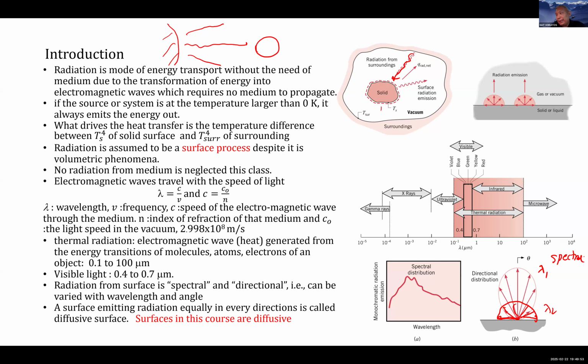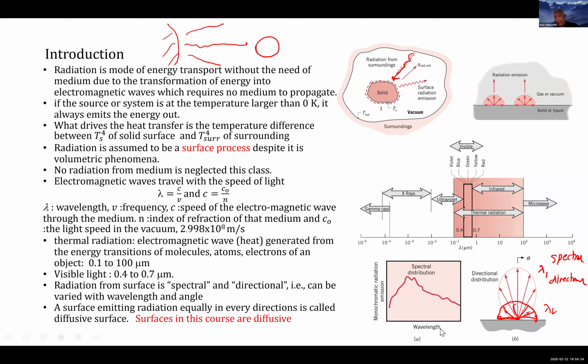When radiation depends on angle, it is called directional. Okay? And you can sum up all the energy in every direction and make a plot. You can see that at one wavelength, it emits this much. At another wavelength, it radiates this much.